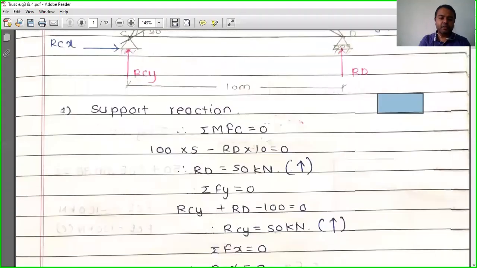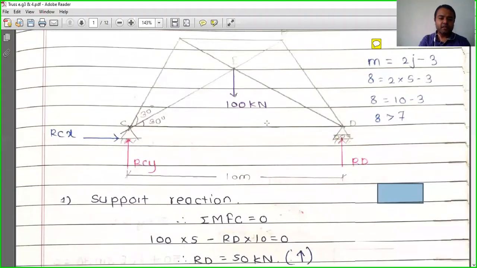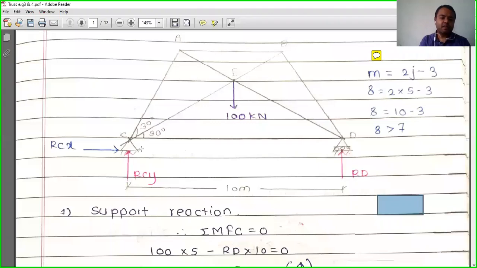So just consider this truss. To find support reactions at C and D, first of all we'll take a moment at joint C. So this 100 kilonewton force is multiplied by perpendicular distance 5 meter. The total is 10 meter, and this is at the middle, that means it is 5 meter.